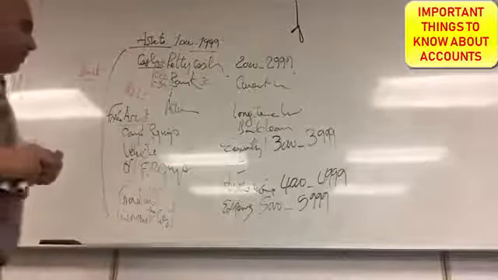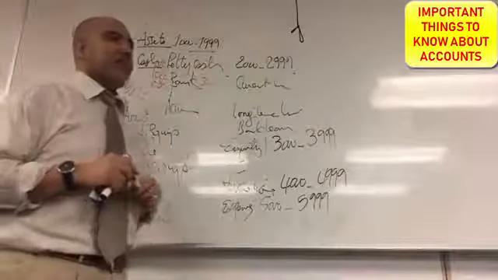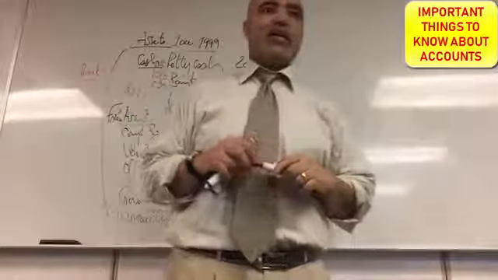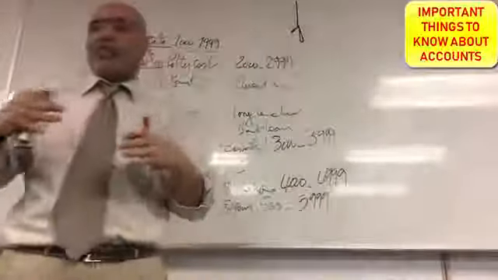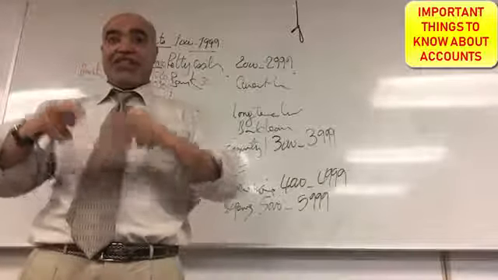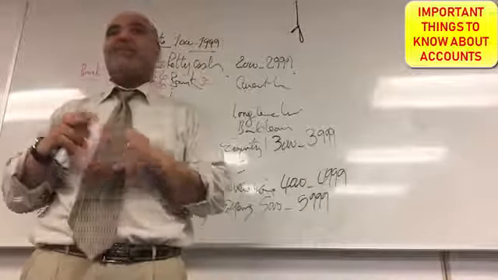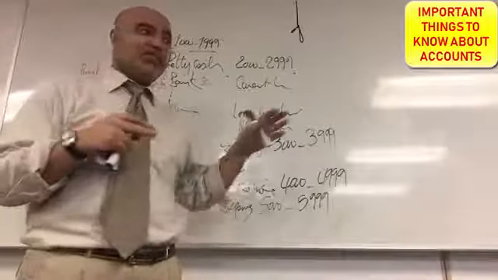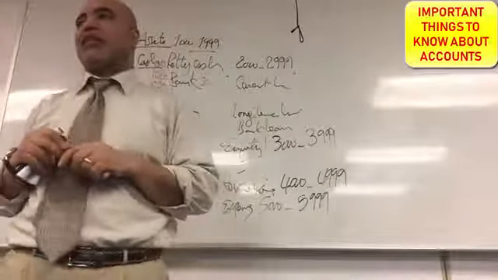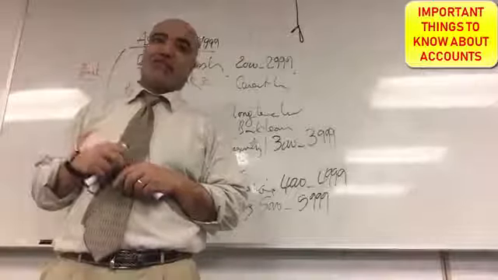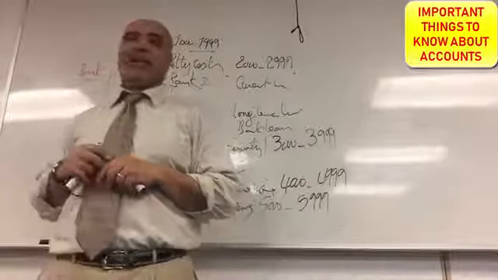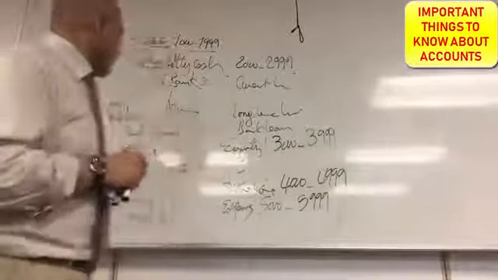For example, I want to create an account for a vehicle. I know the vehicle is something that will stay in the company, it is an asset, a fixed asset. In some charts of accounts, we use capital assets, capitalized items.